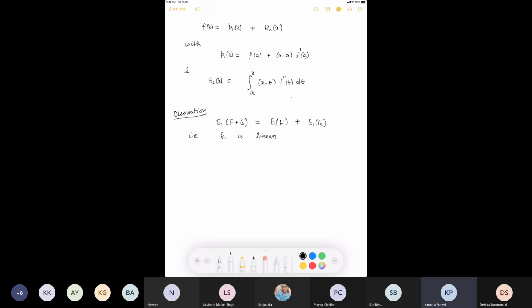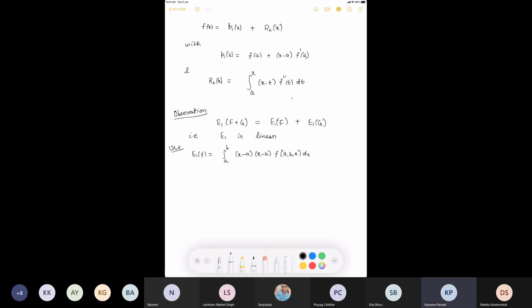So what should I do to realize this? You just look at the error formula, the step where we had really derived E1 f. So it was that we were integrating the interpolation error from a to b, right? And the interpolation error was (x minus a)(x minus b) times f[a, b, x] dx, right?